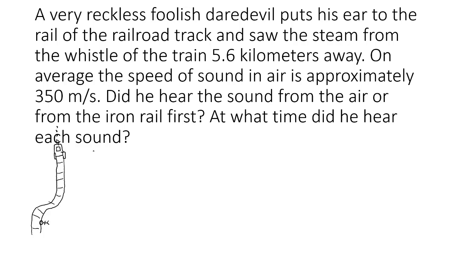So let's do this. There's a couple things we need to know. We need to know the speed of sound in the air is 350 meters per second. That's given to us. And we also need to know the speed of sound in iron. I gave you a little table that has that on it. You can also find that in the previous video.